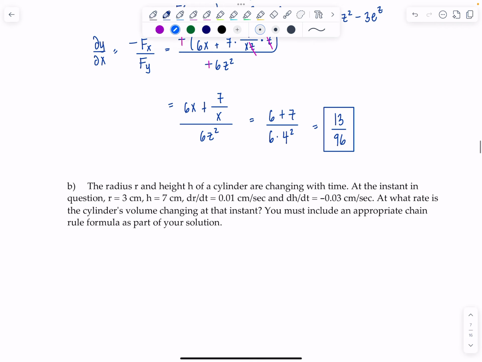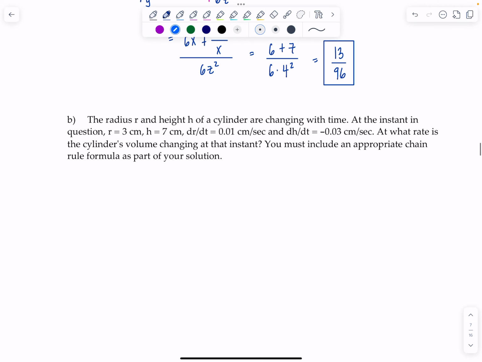Okay, related rates problem. They happen to be much easier in multivariable calculus than Calc 1. Go figure. So the radius and height of a cylinder are changing with time. At the instant in question, I don't know why that makes me giggle. That sounds so like heightening the drama.